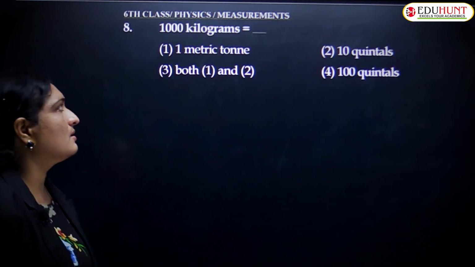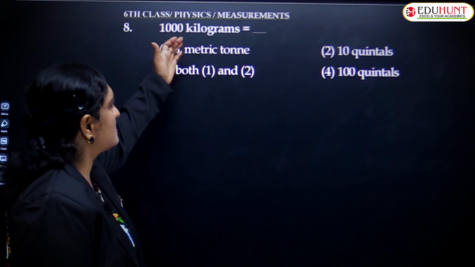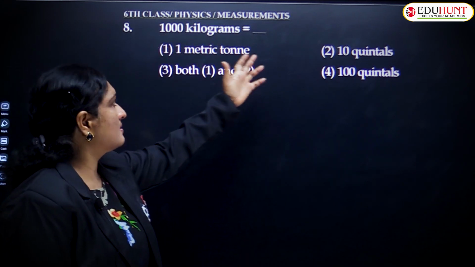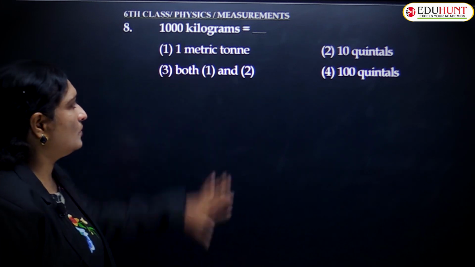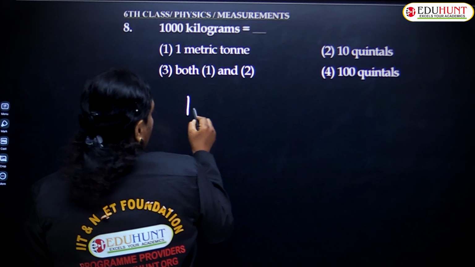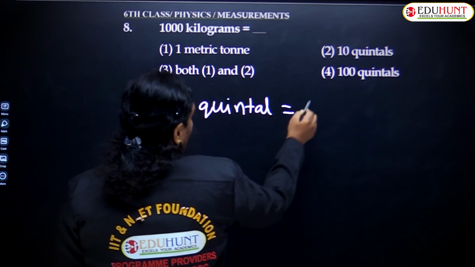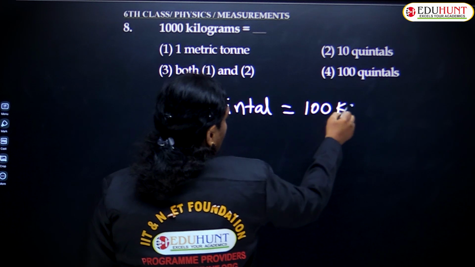1000 kilograms equals how much? 1000 kilograms in tons, in quintals, both 1 and 2 in quintals. First of all, we know that 1 quintal is equal to 100 kilograms. You remember this?